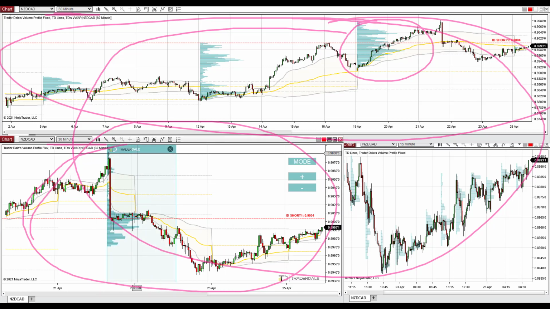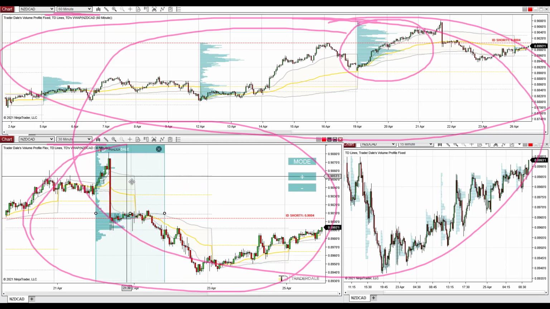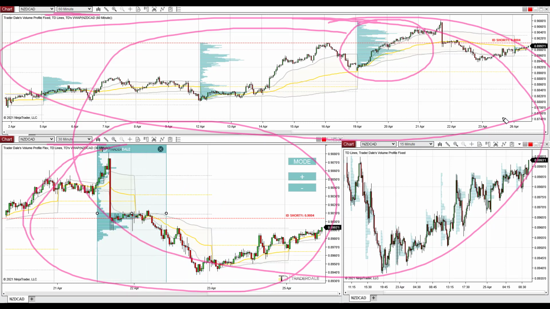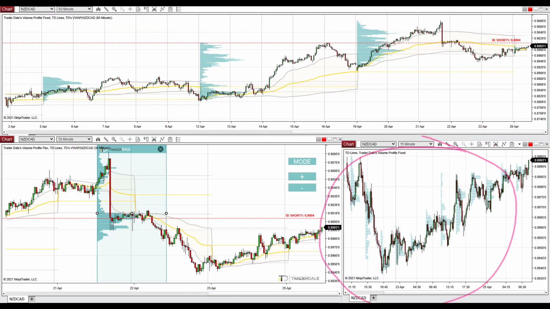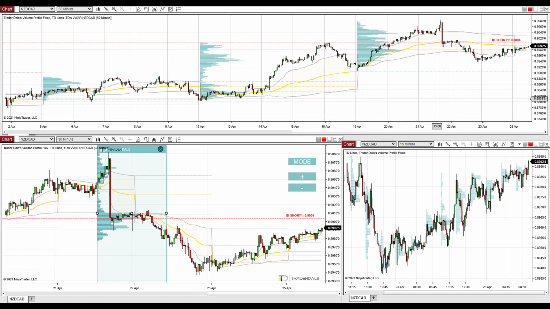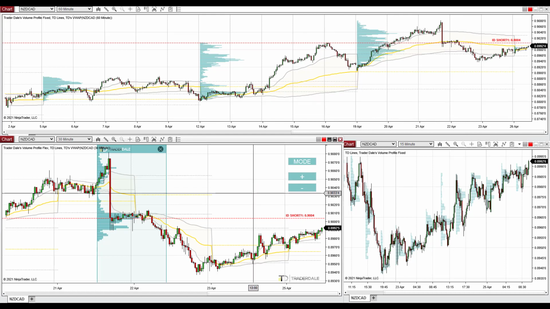That's the profile which you can move around like this. And the last chart is a 15-minute chart where I have fixed profiles. Those are 4-hour profiles which get automatically printed every 4 hours, and the time frame of this chart is a 15-minute chart. All right, so that's the layout which I use for day trading.